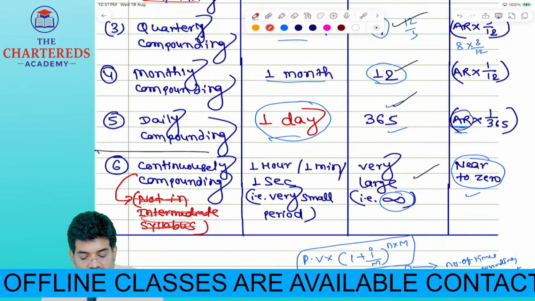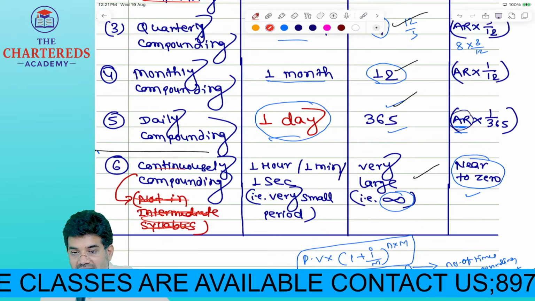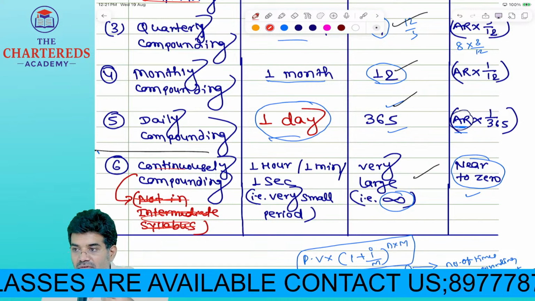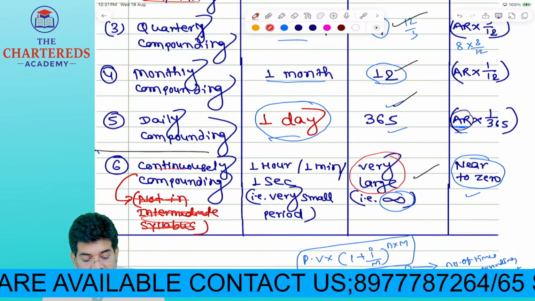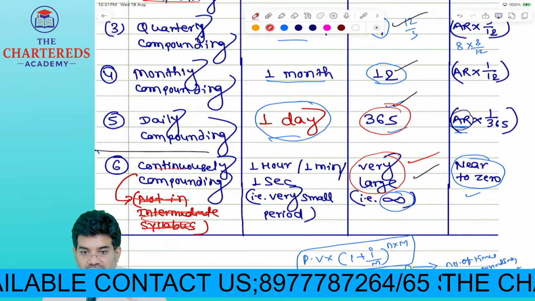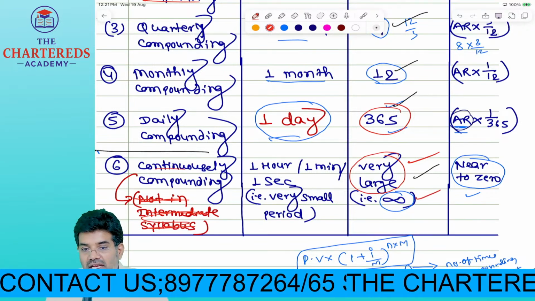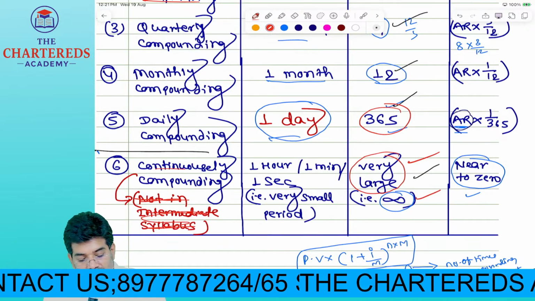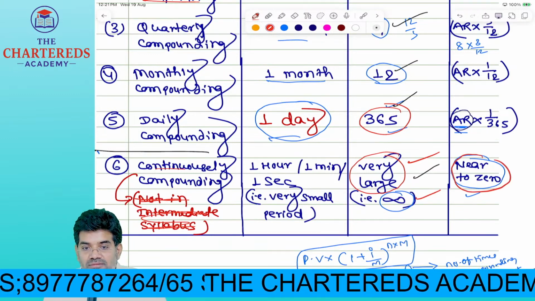Continuous compounding means you should understand as compounding for every second, every minute, every hour. And whenever it is continuous compounding, naturally this figure should be more than 365. But that should be considered as what? Infinite, a very large figure. Almost your interest will be nearer to 0.